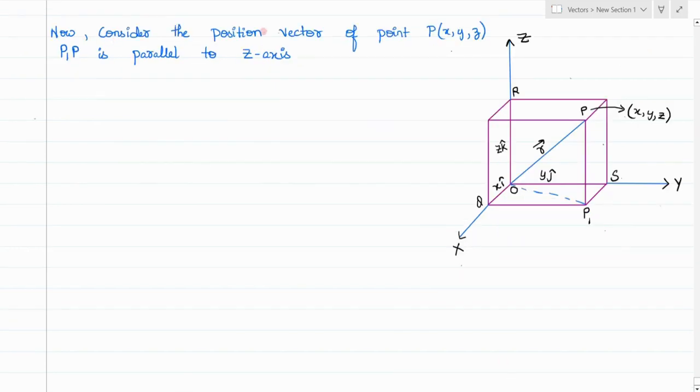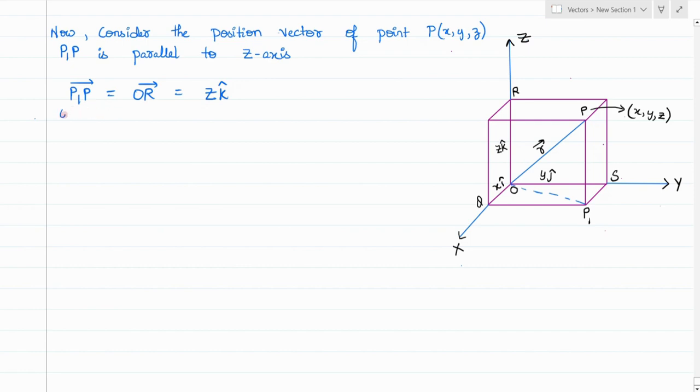Now let us consider the position vector of point P here in the cube structure, and these are the x, y, z axes. Let point P1 be situated in such a way that P1P is parallel to the z axis, that is OR. So from the figure we can write P1P vector is nothing but OR, because they are parallel, and that is equal to z k cap.